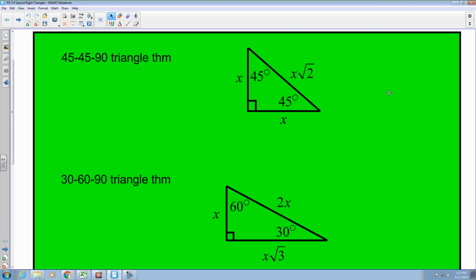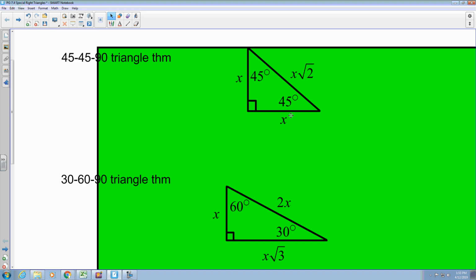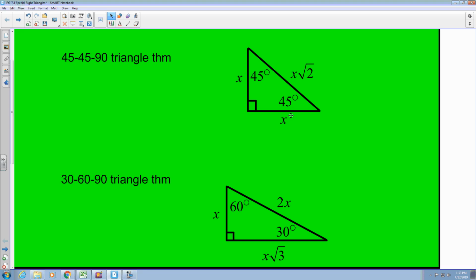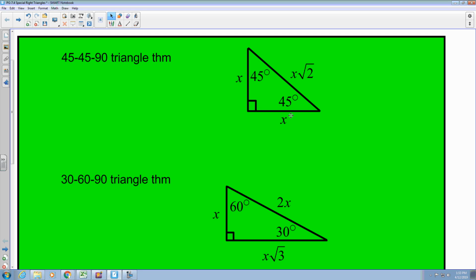If you look at the first triangle that is illustrated to us, we have a 45, 45, 90. Anytime that we have a 45, 45, 90 right triangle, we know that it is also an isosceles triangle. So isosceles means we have two equal sides. In this case, it is x and x.